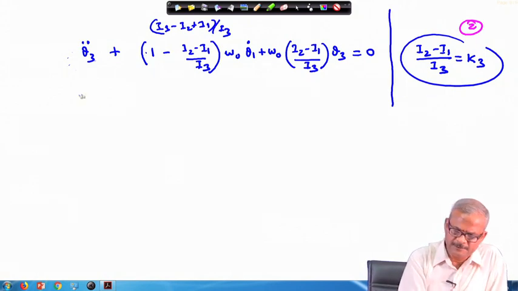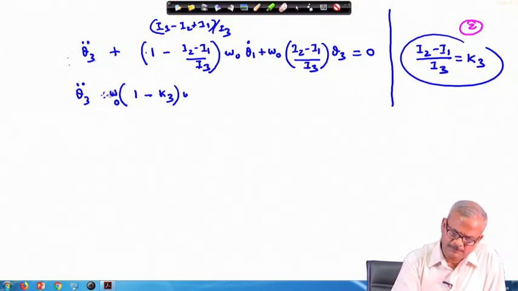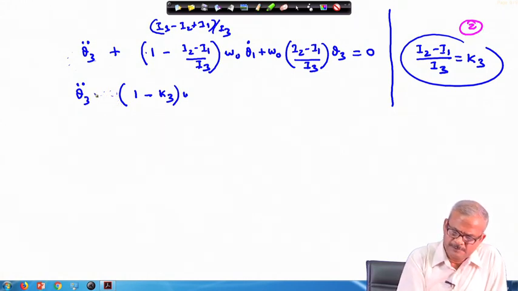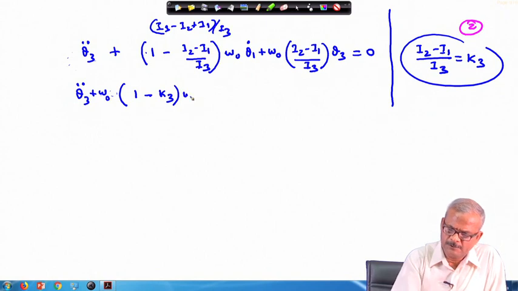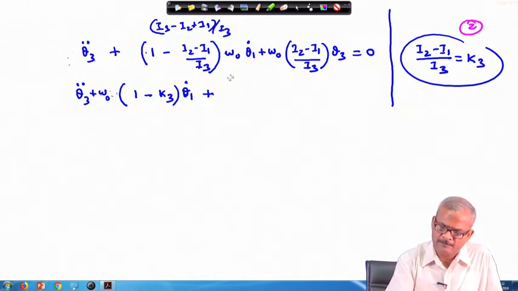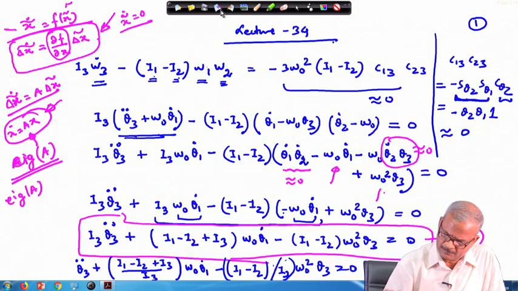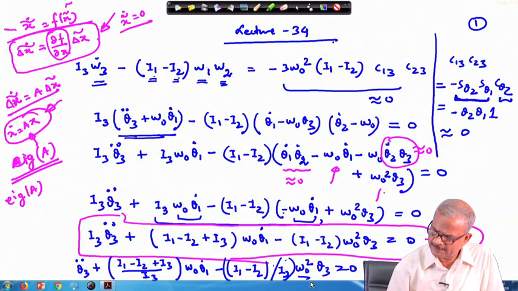And if we define this quantity, then we can write this as 1 minus k 3 times, and omega 0 again I will put it here, plus omega 0 times theta 1 dot, and there is omega 0 square, this particular term.